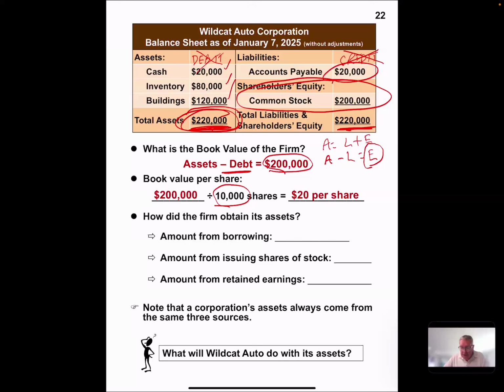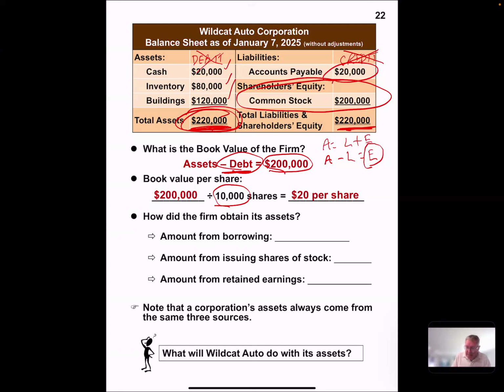So liabilities, another word we use is debt, right? So the 3 sources of assets, where assets come from, they will come from either debt or equity. It's the only place they can come from, debt or equity, which is liabilities or shareholders' equity. And then just recall shareholders' equity is 2 components: the paid-in capital / common stock and retained earnings.